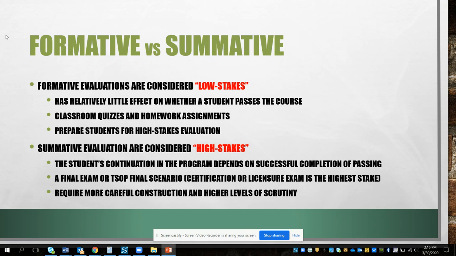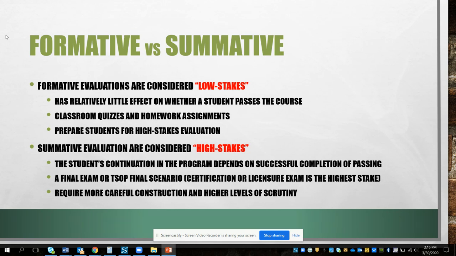So again, formative being more low stake has relatively little effect on whether a student passes the course. These are like classroom quizzes, homework assignments, those informal scenarios that we're running, and these help to prepare students for high stakes evaluation. Whatever you're doing in the low stake evaluation, that's what they're going to get used to.